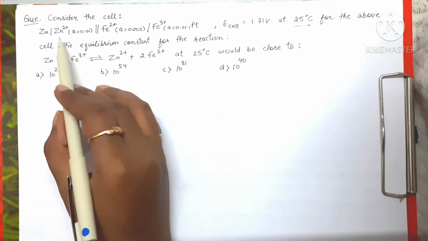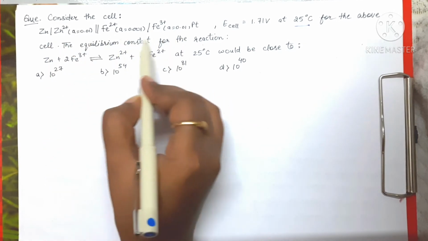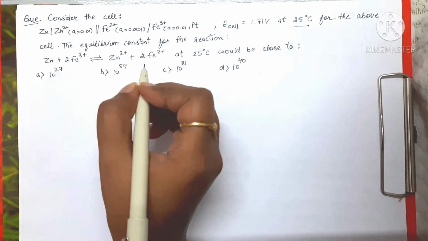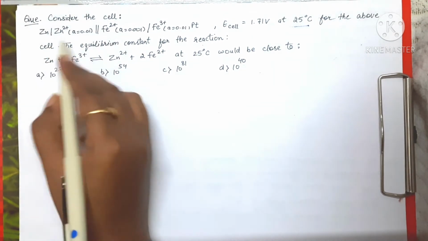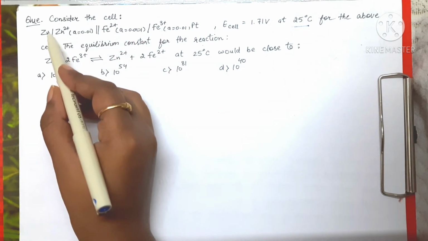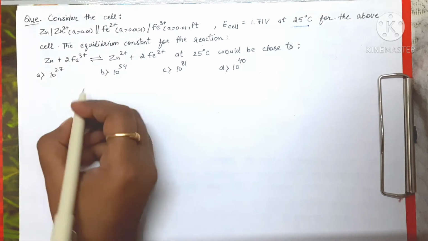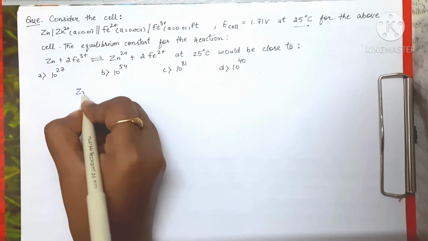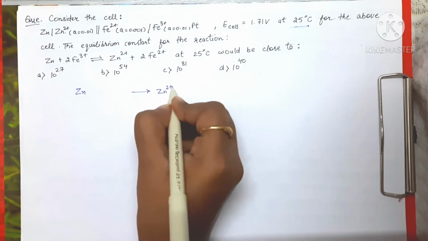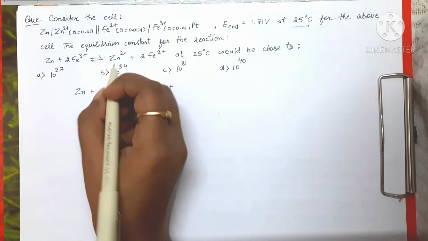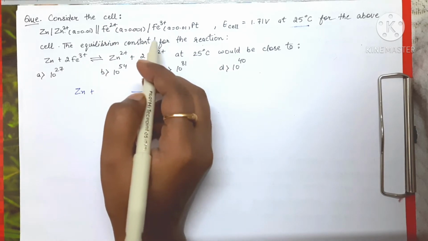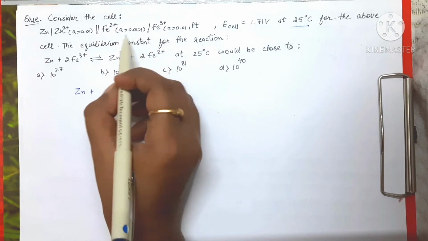So if, using this cell, I want to write a complete cell reaction, what will the cell reaction be? Basically here Zn solid is changing to Zn2+, and Fe3+ changing to Fe2+, right?